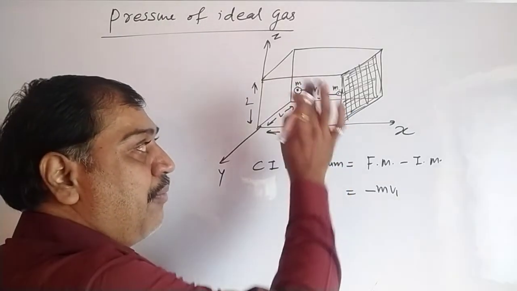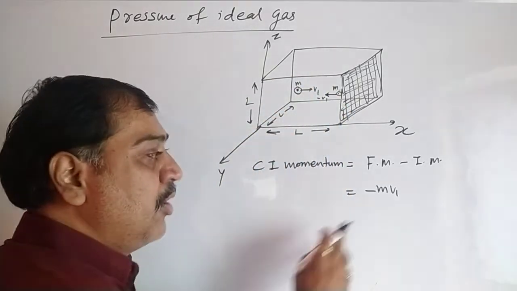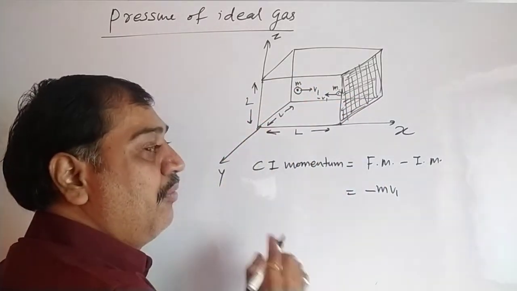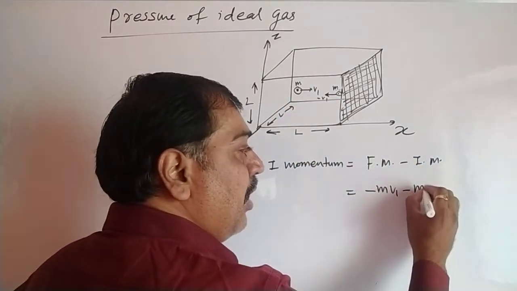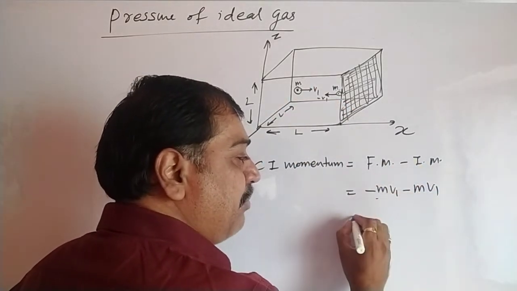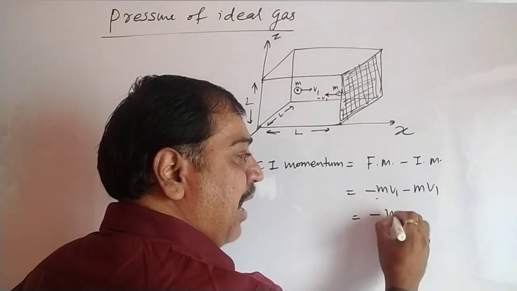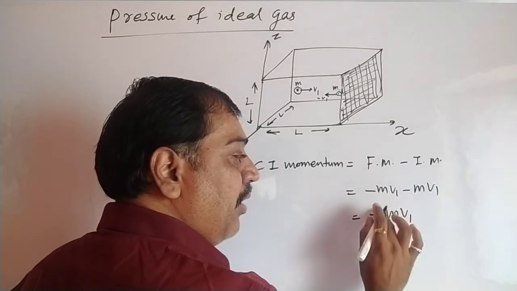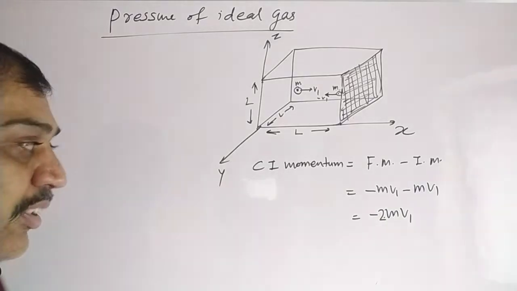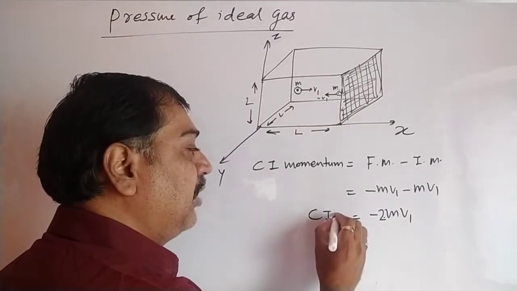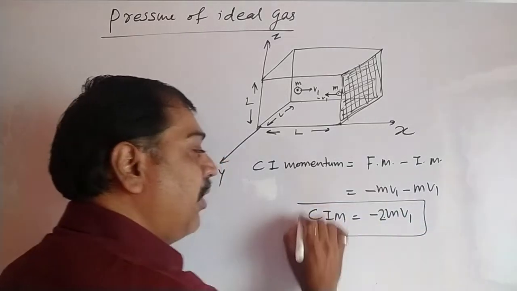So we don't use m1, just the mass m and velocity v1. The final momentum minus the initial is minus m v1 minus m v1, which is minus 2m v1. So this is said to be the change in momentum of the particle after one collision.